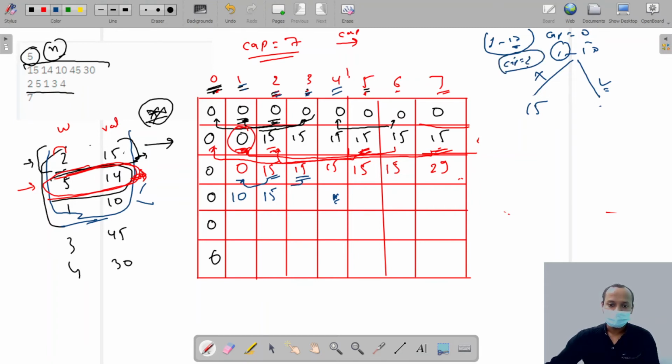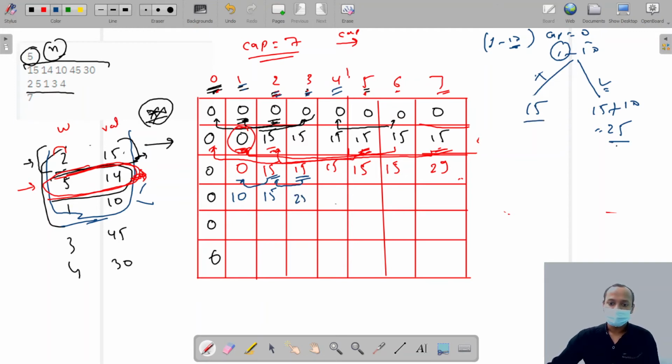We see here that if the bag has capacity 2, we can generate 15 plus the value of this item, 10, which equals 25. Okay, so what we get as the maximum from these two is 25.